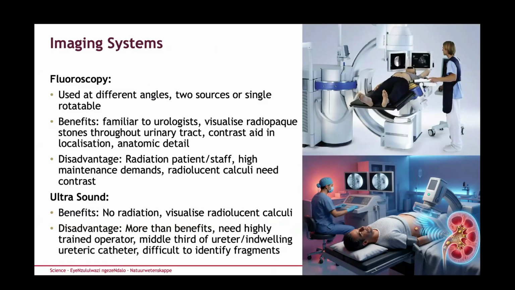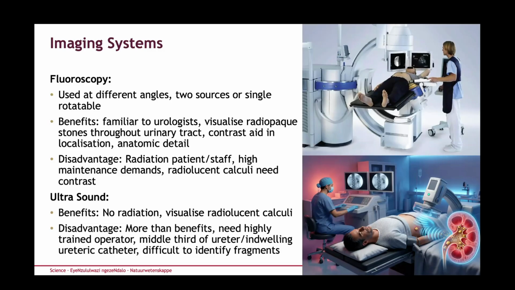It's able to visualize radio-opaque stones throughout the urinary tract, and then with the aid of contrast, can be used to increase its anatomical detail. The disadvantage is, however, that it does produce radiation to staff and to the patient. It has a high maintenance demand, and it is not able to visualize radiolucent stones without the aid of a contrast media.